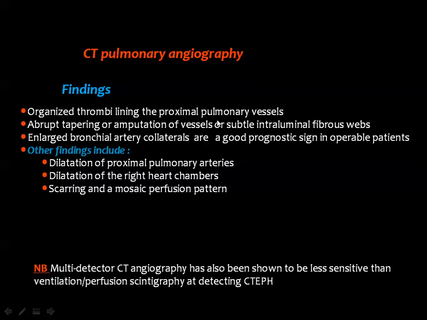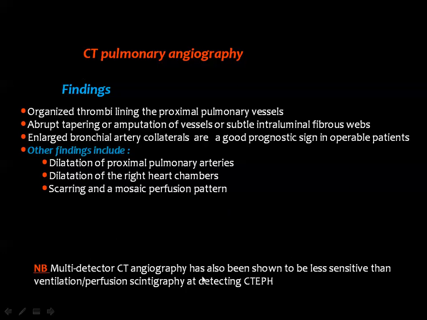will show the emboli, like I have presented previously, as filling defects within the pulmonary vessels. Also, it may show dilatation of the proximal pulmonary arteries, dilatation of the right cardiac chambers, right ventricle and right atrium, and it may show mosaic perfusion pattern, areas of increased attenuation or ground glass opacities, and areas of air trapping.